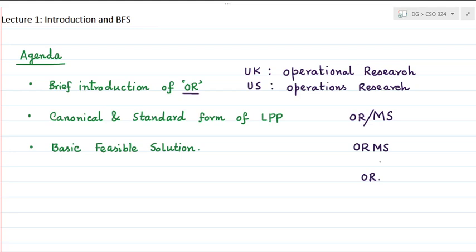The OR starts when mathematical and quantitative techniques are used to substantiate the decision being taken.